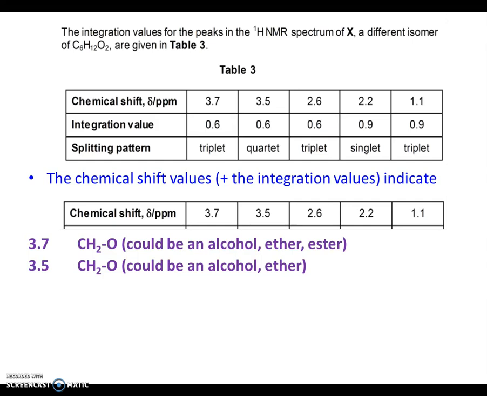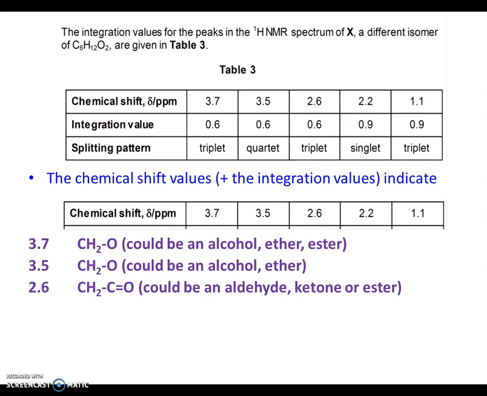3.5. Now 3.5 is too low for it to be an ester. So we know that it's a CH2 bonded to an oxygen, and so we can say that it's going to be bonded to either an alcohol or an ether. Value at 2.6.